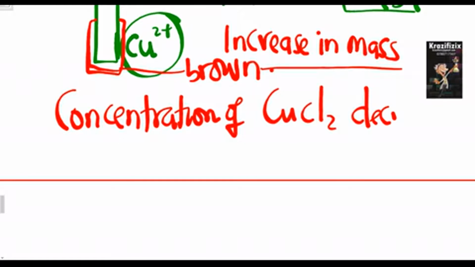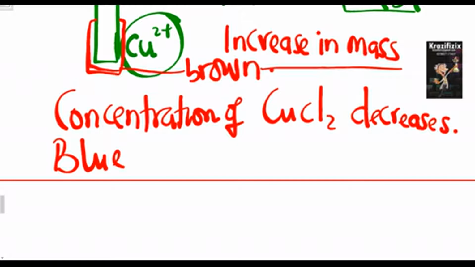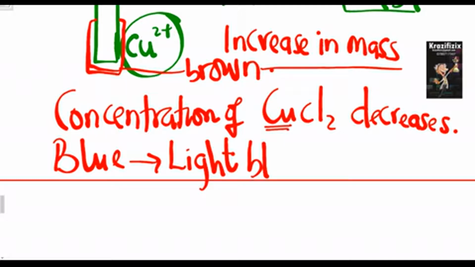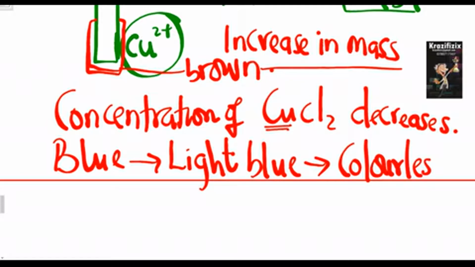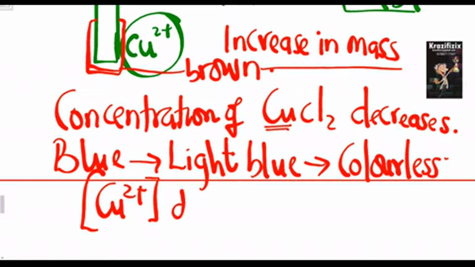Decreases. And what happens? It starts from blue color and it becomes light blue because the concentration of our Cu2 plus is now decreasing, light blue. And if it continues, it may just become colorless, simply because our Cu2 plus concentration decreases.